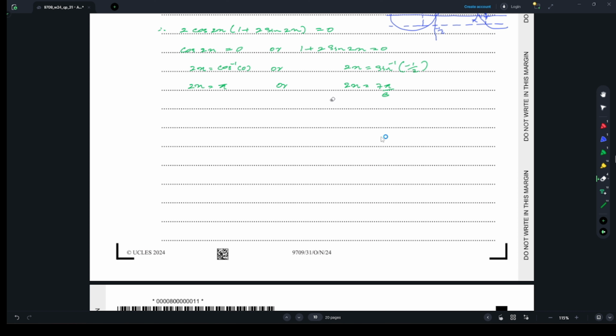Okay, so yeah, sorry, I made a mistake here. So cos 0 is 90, so x equals pi over 4, and over here x equals 7 pi over 12.